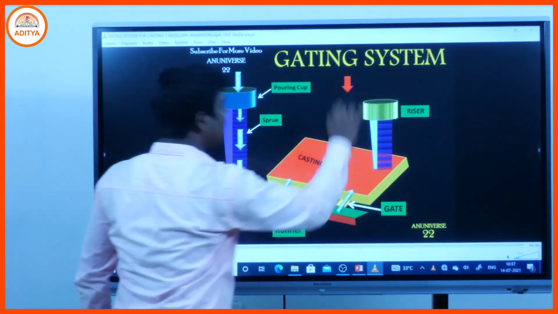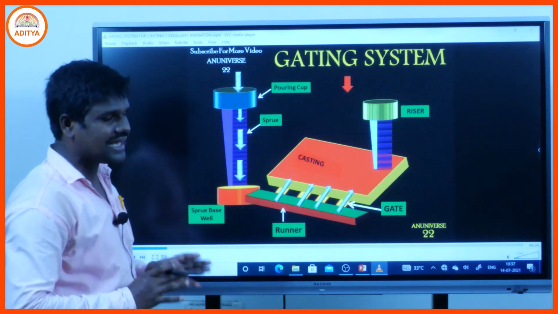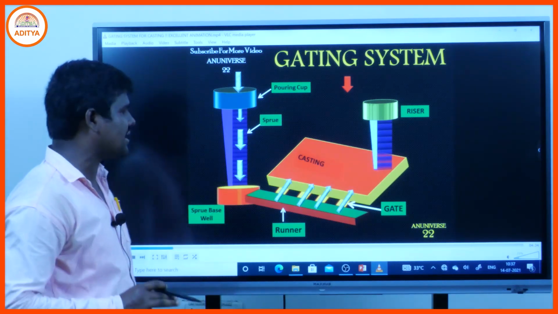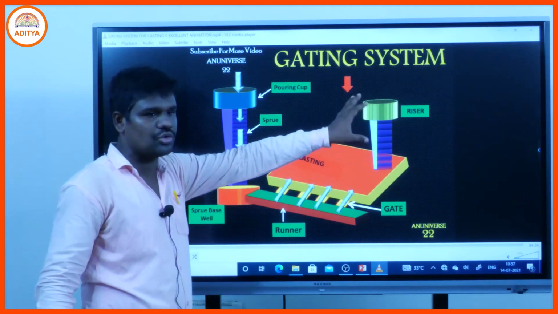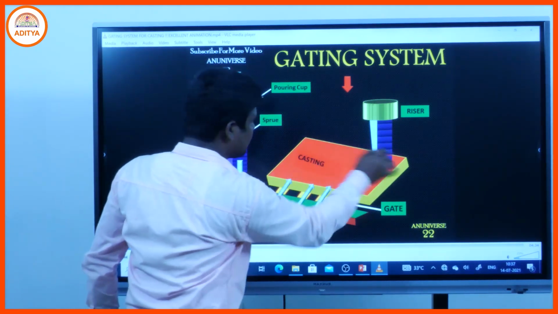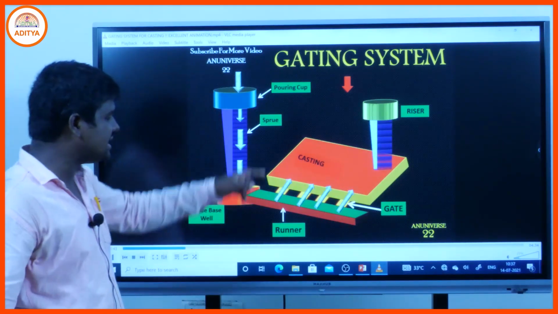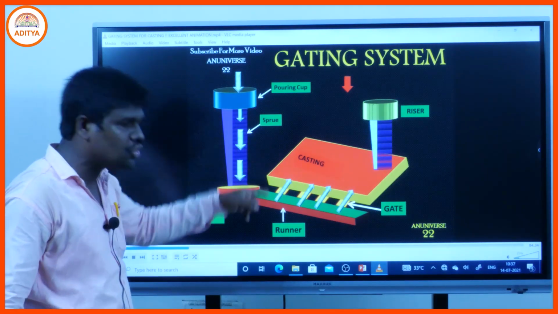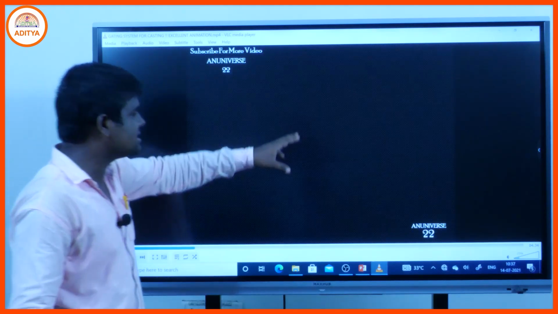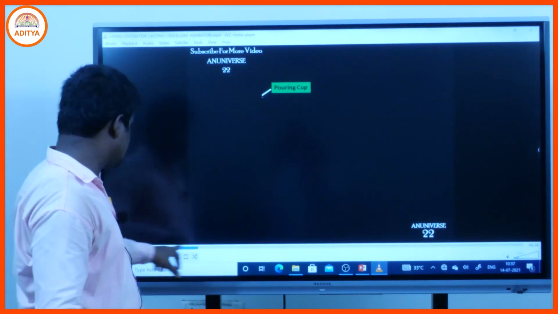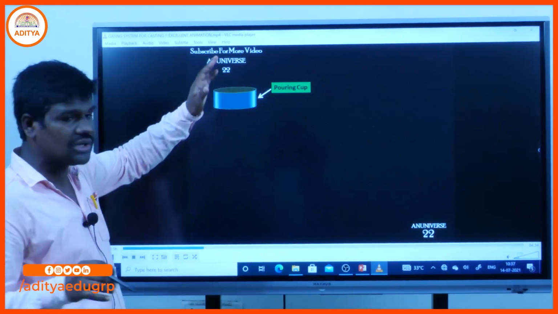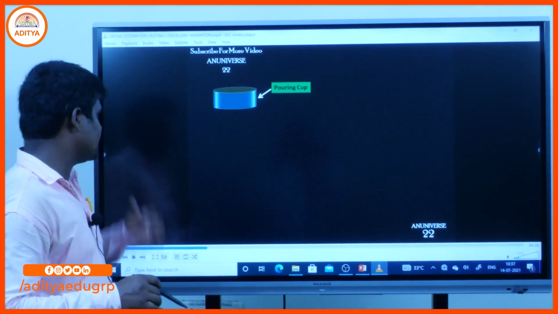And that is the riser, which acts as a molten metal reservoir, where extra liquid metal is stored. If any shrinkage takes place in the casting product, creating extra spaces, the extra metal comes from that riser.